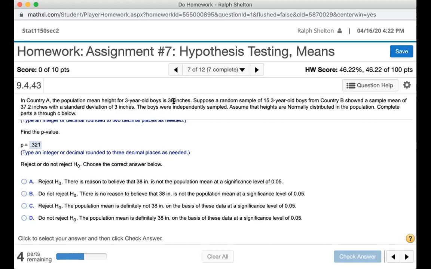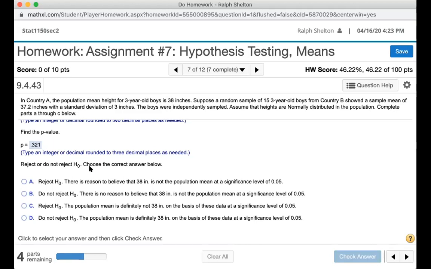So you make sure that the HA said mu not equal to 38, okay? Because the test we're doing is just that the mean has changed, that it's not 38. So that's another way you could have got P.